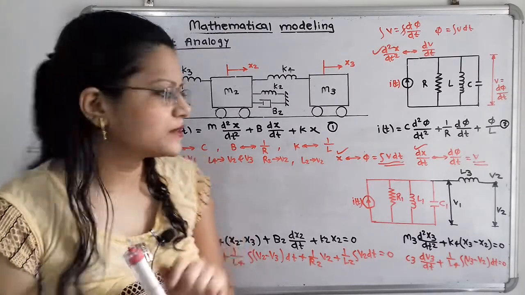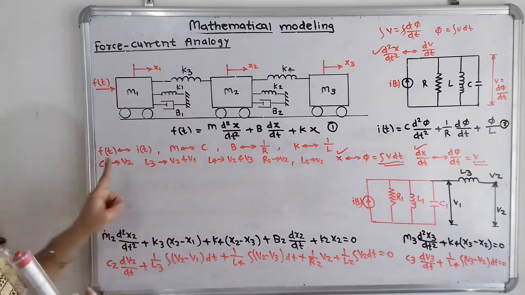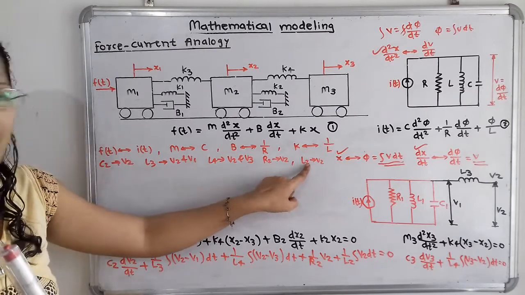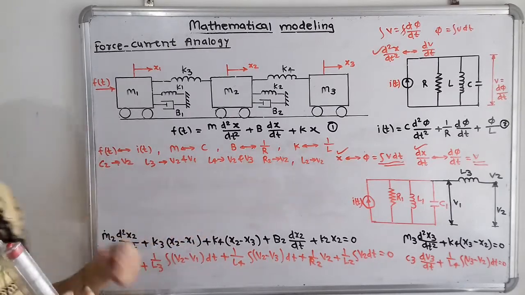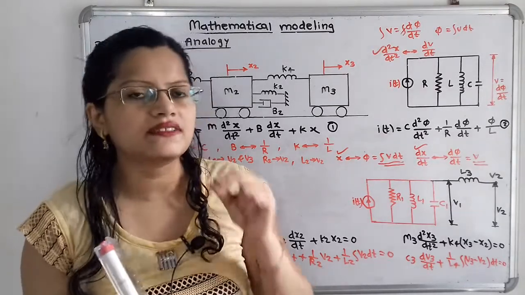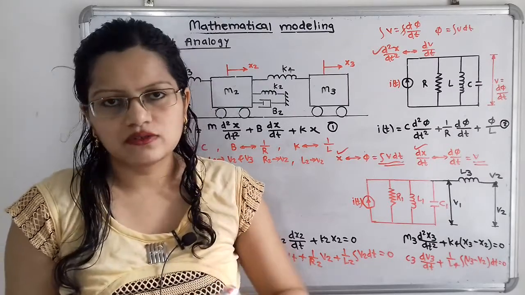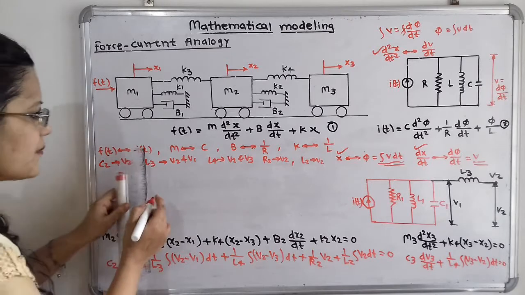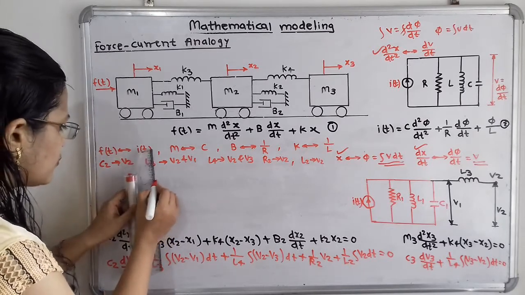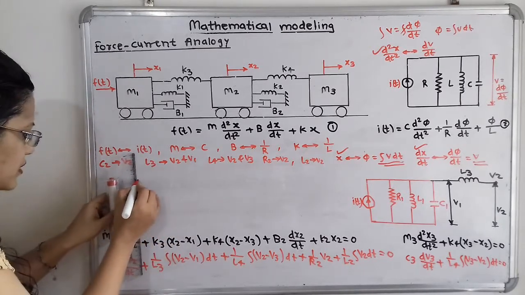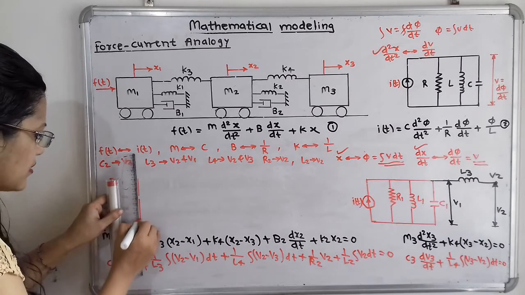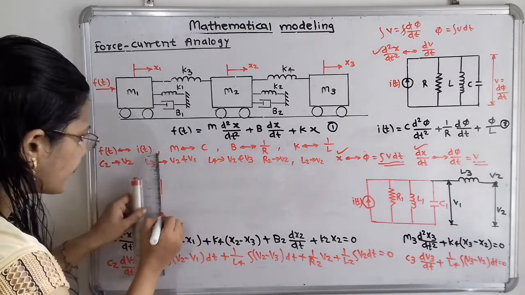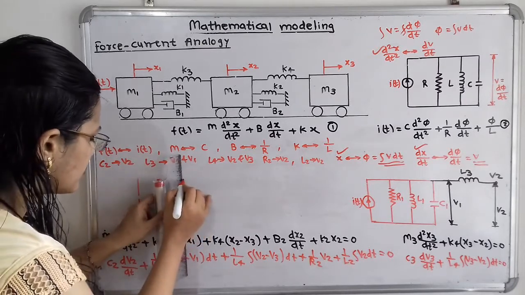So if we observe for these three elements, that is C2, R2 and L2, they are having same voltage. So we have to draw these three elements in parallel to each other. So we will first take these three elements in parallel, that is C2. I will draw here the circuit. Here is C2, then R2 and L2.